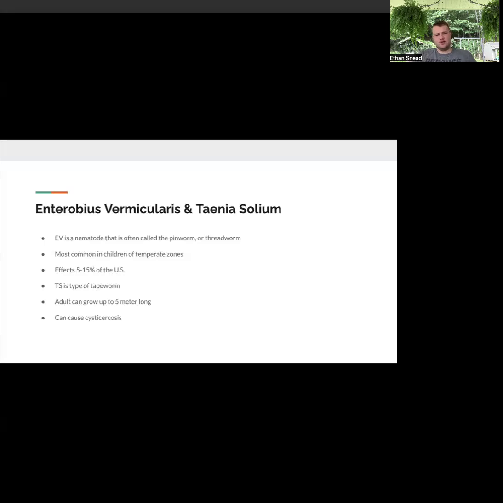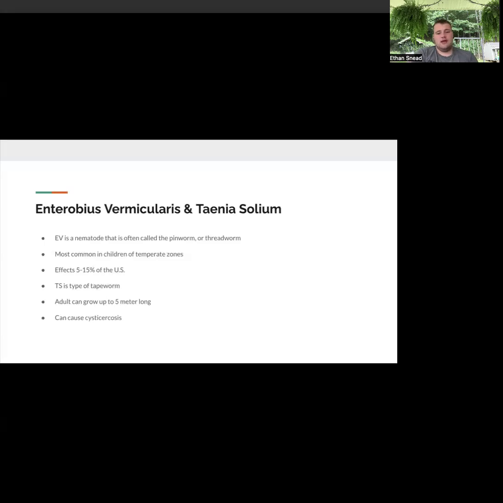TS is a type of tapeworm, and it can grow to be upwards of 5 meters long. It has a scolex with hooklets and suckers that attach to the intestine and feed on the nutrients from the intestine, thus making its host feel weak and sick.